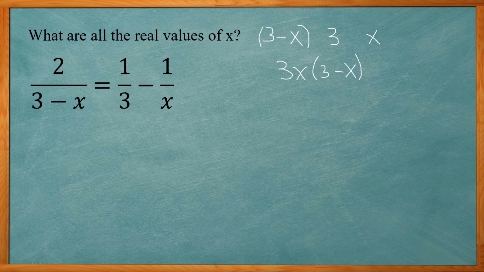If I do that, the 3 minus x will cancel out, leaving me with the 2 times the 3x. And then if I multiply the 1/3 times 3x times 3 minus x, the 3 is going to cancel out, leaving me with just the x times 3 minus x.